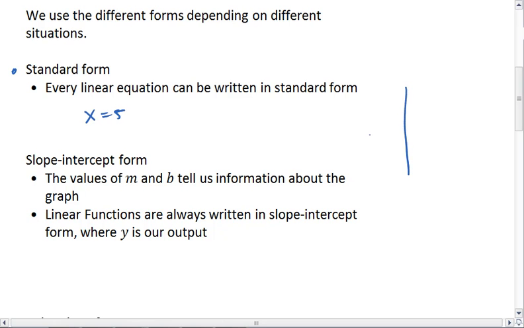If we were to graph that, we would get a vertical line at x equals 5. This form right here, x equals 5, is in standard form. But because there's no y in the equation, it is impossible to write it in slope-intercept or point-slope form. This is why we have a standard form, so that we have a form that every possible linear equation can be written in.